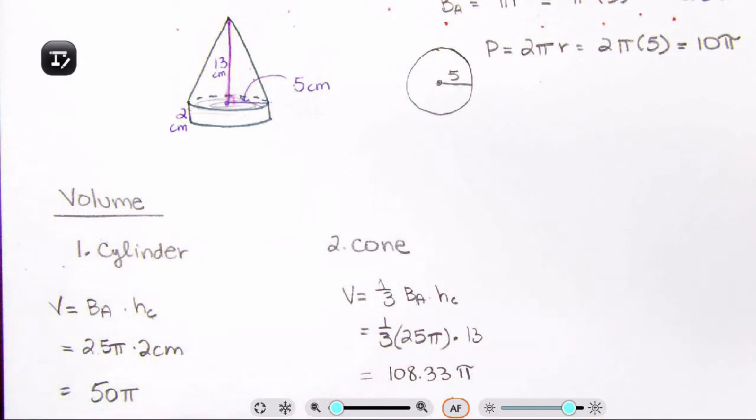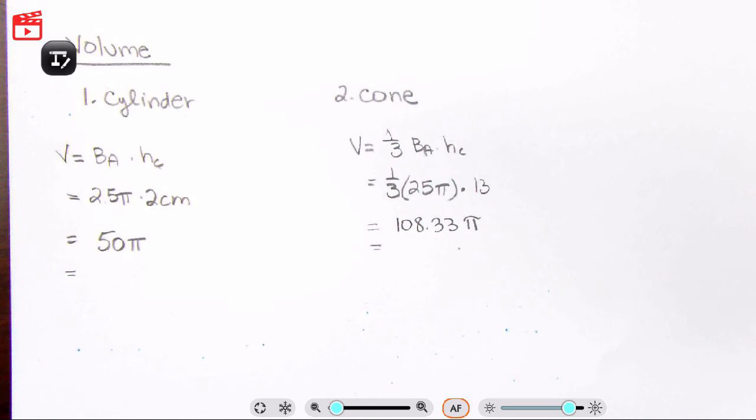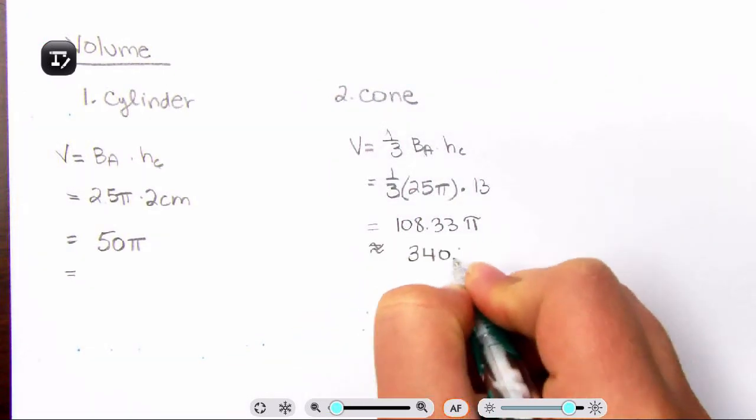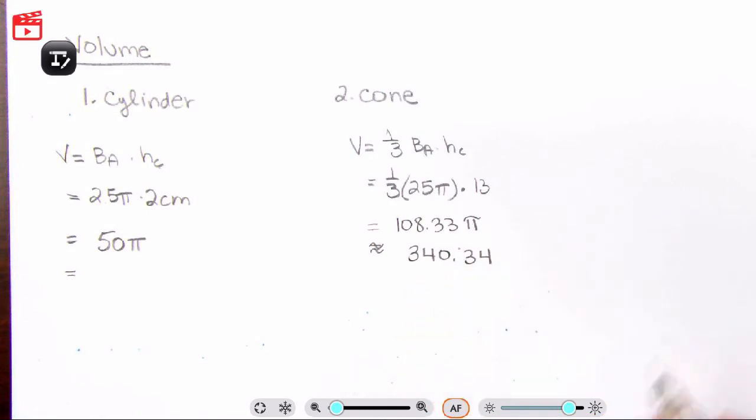And I'm going to multiply both of these out since it's already in a decimal format. So I'm going to have that times pi, and it gives me an approximated answer of 340.34 for my volume for the cone.